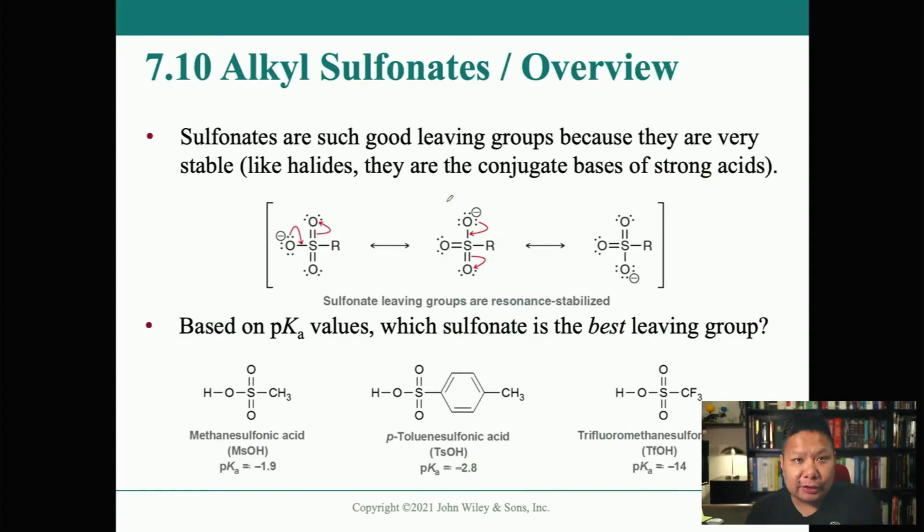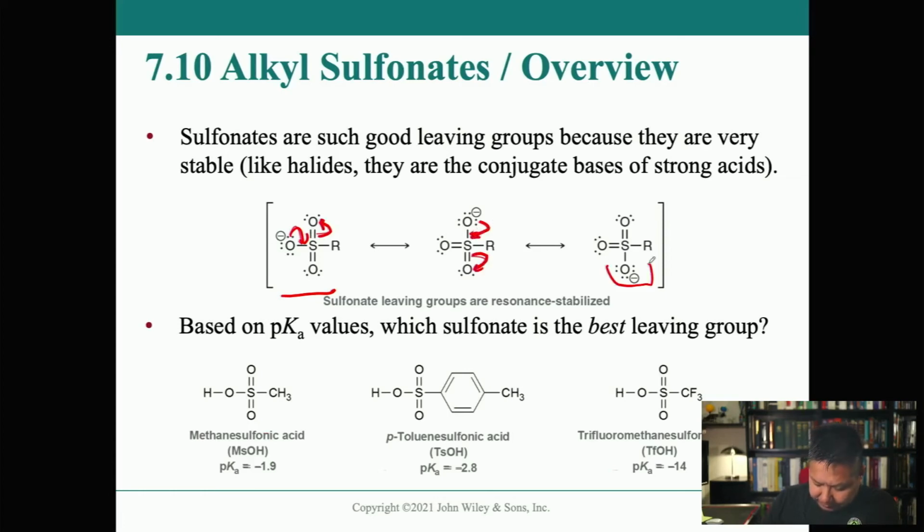So sulfonates are such good leaving groups because they are very stable, like halides and conjugate bases of strong acids, right? And you can see why they're so stable. Look at all the resonance that's occurring here. They're very resonance stabilized.